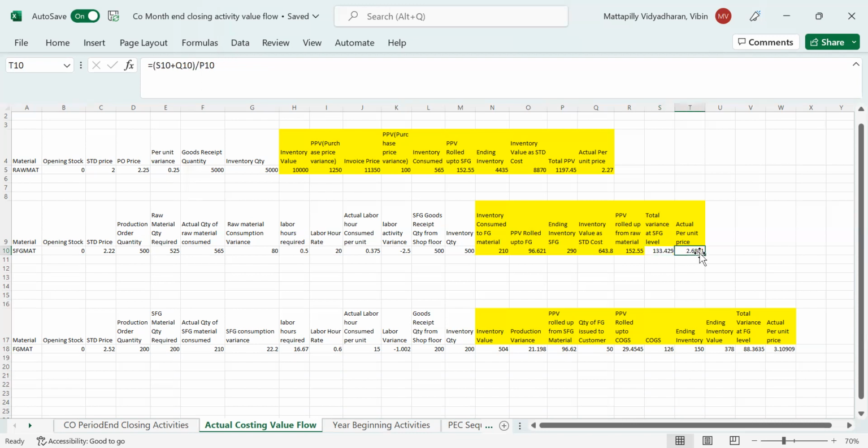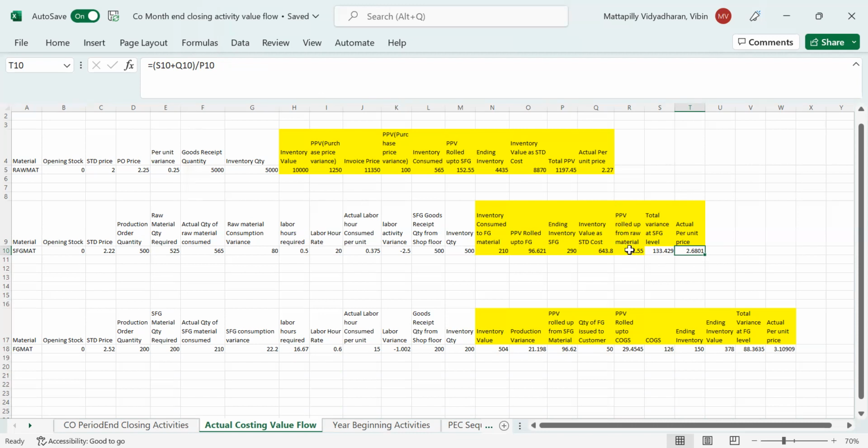Now the system will calculate the actual per unit price. So that is how it is being calculated. S10 plus Q10, that is total variance at SFG level plus Q10.